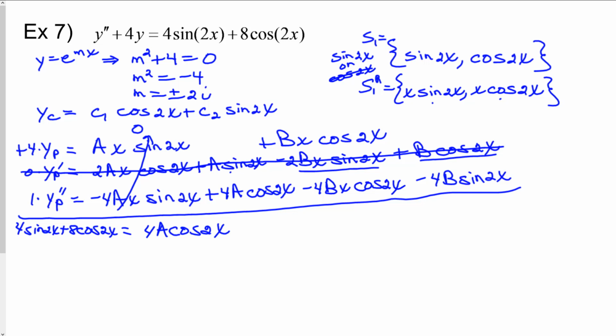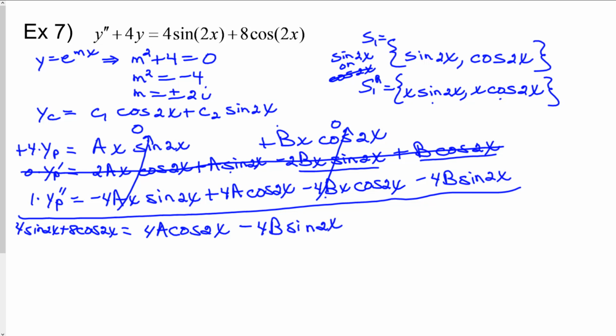Then the x cosine 2x terms, this is going to be a product of 4b times x cosine 2x, and on the bottom we have minus 4b x cosine 2x, so those are going to zero out. And that would leave us then minus 4b sine 2x for the right-hand side.